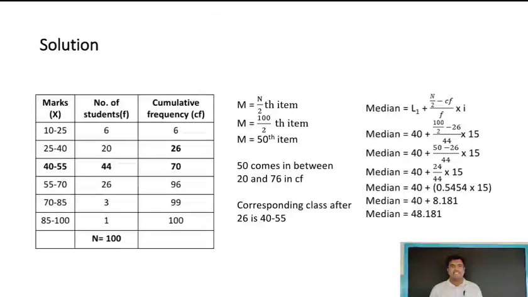Then I'll apply the formula: L1 plus (n by 2 minus Cf) divided by f, into i. L1 refers to the lower limit of the median class, that is 40, plus n by 2, that is the median position M, 50, minus cf, the previous cumulative frequency of the median class, that is 26, divided by f, the frequency of the median class 40 to 55, which is 44, into i, the class interval, that is 15.